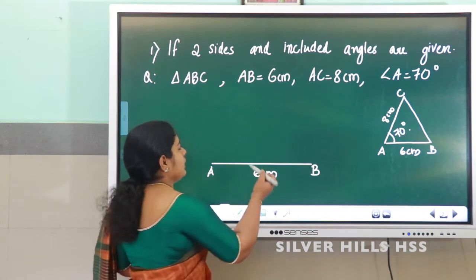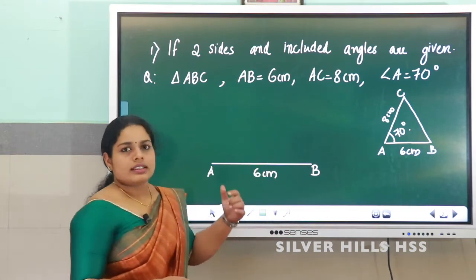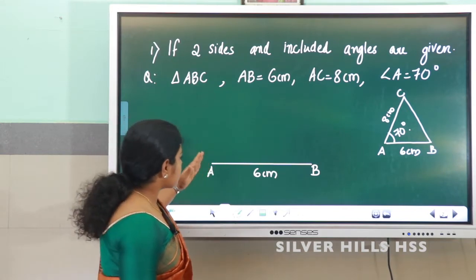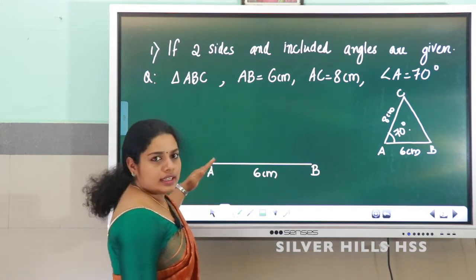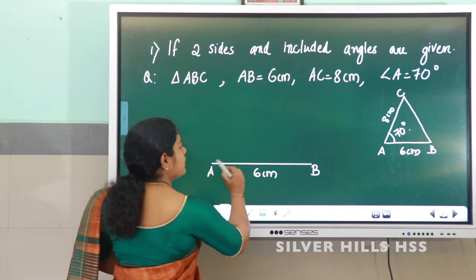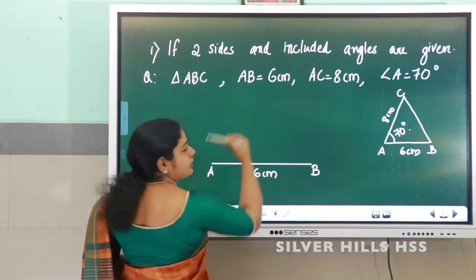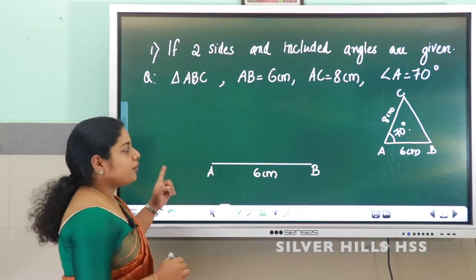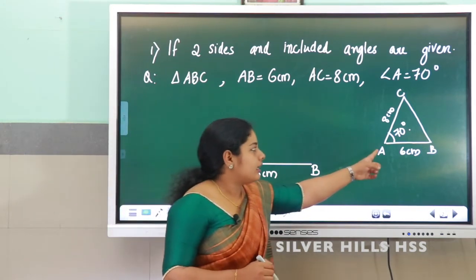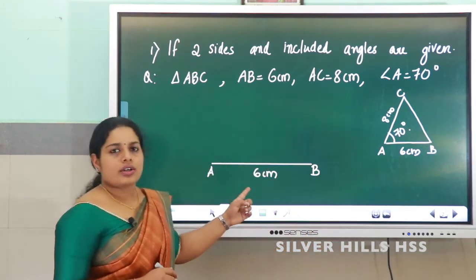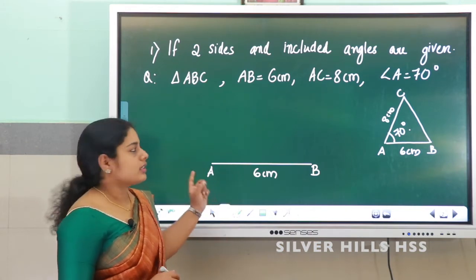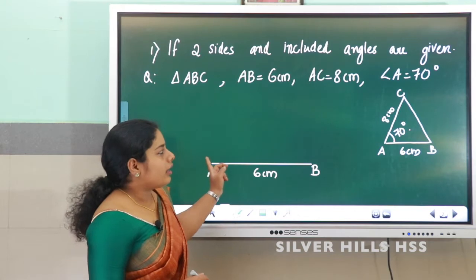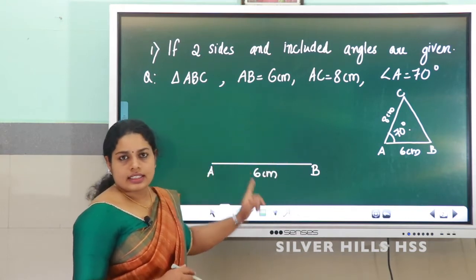If we want to mark the third point C, we need to know the position of the line AC, whether AC is like this or like this. So before marking the point C, we need to first measure angle A equal to 70 degree in order to fix the third point. So from A, using a protractor, we will mark the angle 70 degree.